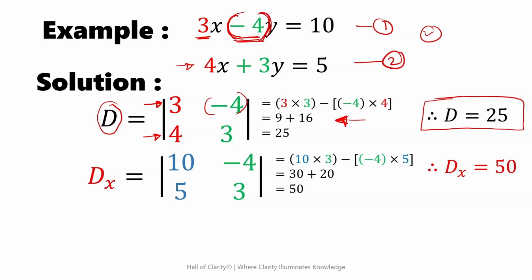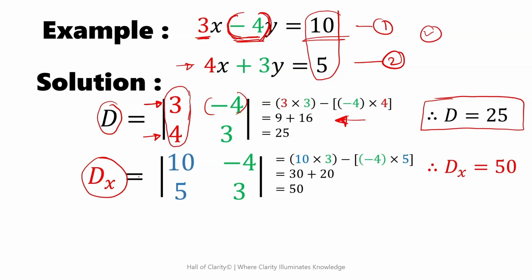Similarly, we will write determinant Dx. Now we all know how to write determinant Dx. To write this determinant Dx, we replace the column of coefficients of x with the constants of both the equations. So the constant of the first equation is 10.